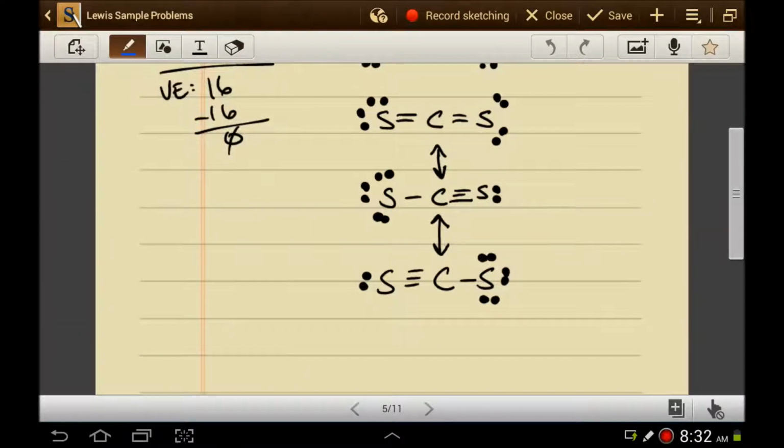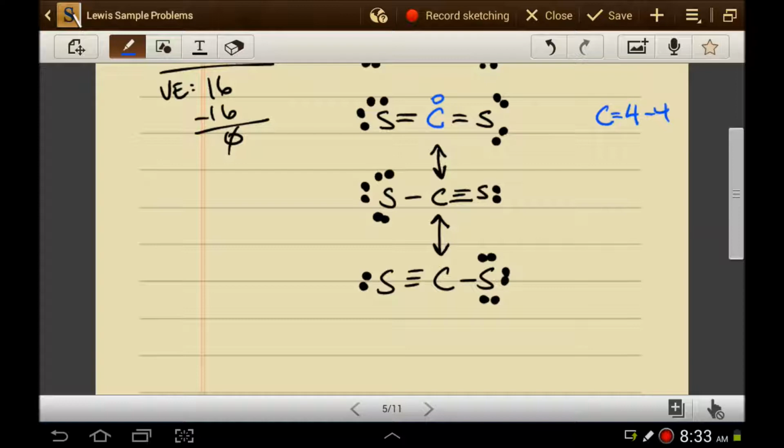This one's going to get interesting. So let's calculate the formal charges for the carbon. This carbon here has 4 valence electrons, and we're going to subtract from that 1, 2, 3, 4. So 4 minus 4, this carbon has zero formal charge.